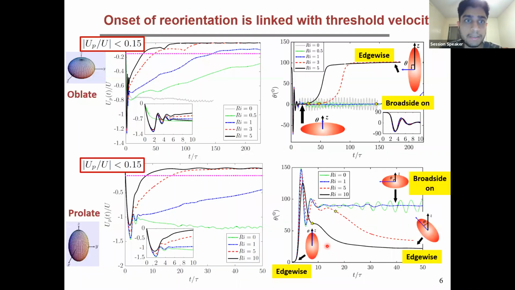If we look at the velocity evolution along with the orientation evolution, what we observe is that this onset of reorientation is associated with the magnitude of the settling velocity falling below a particular threshold. As soon as the velocity falls below this threshold, the spheroids start reorienting.